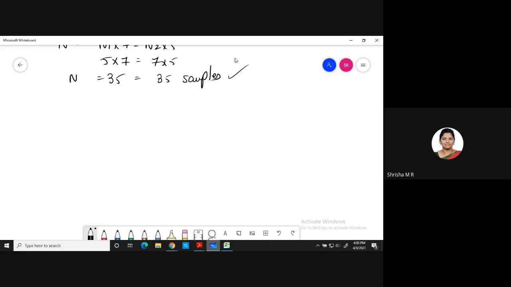Take down this problem. x of n is equal to cos pi n by 5 into sin pi n by 3. So what type of signal is this?